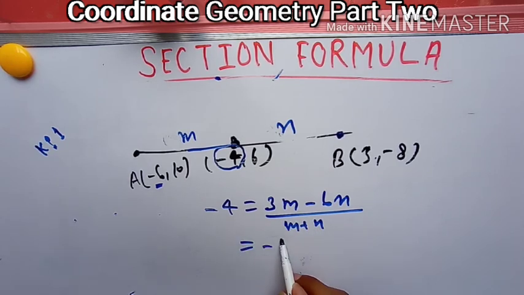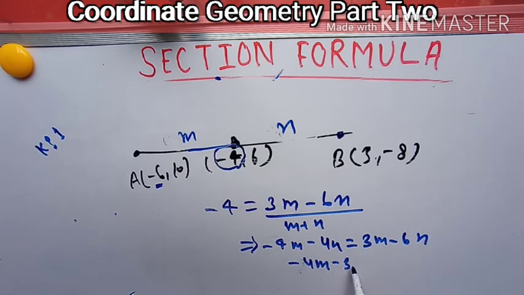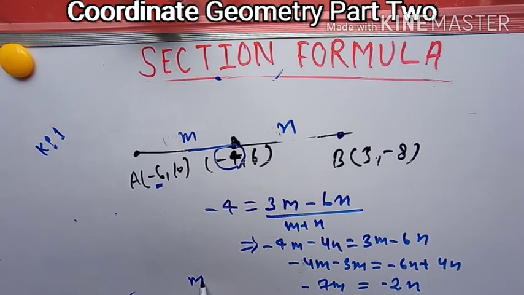This becomes minus 4m minus 4n is equal to 3m minus 6n. Thereafter 4m plus 3m is equal to minus 6n plus 4n. This gives you 7m equal to minus 2n. Okay, now from here you can simply write m by n is equal to again 2 by 7.